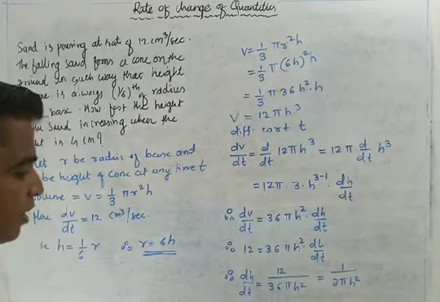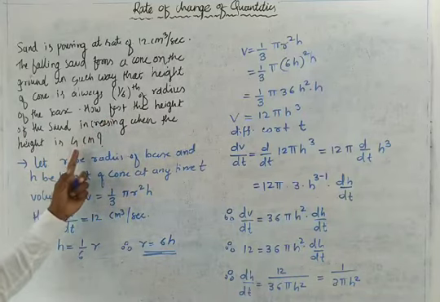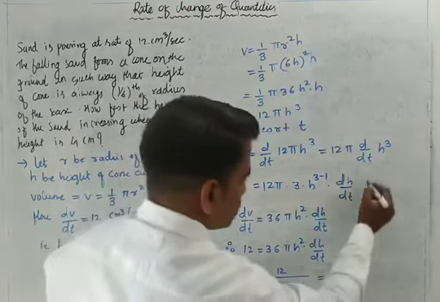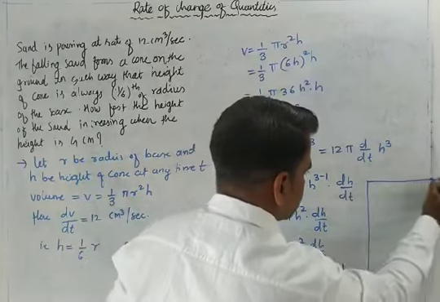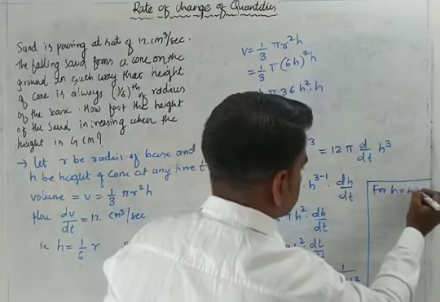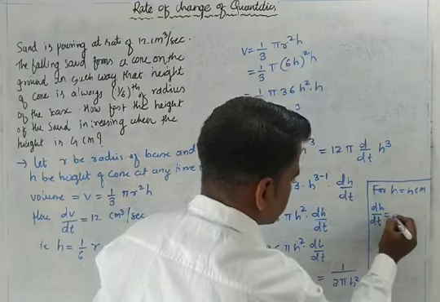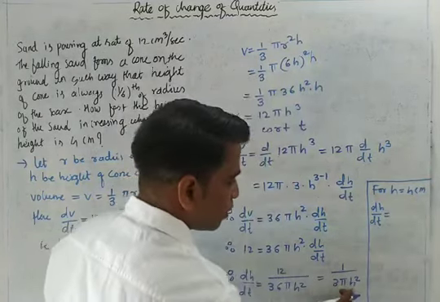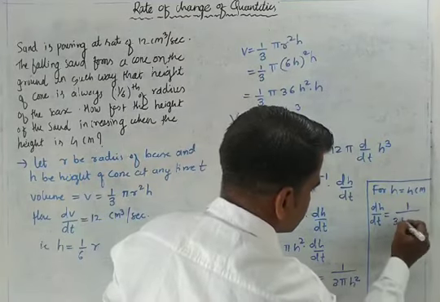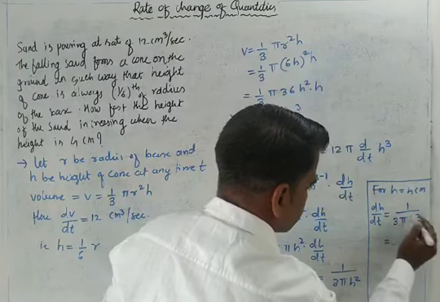Okay, and now we have to find the rate of change in height when height is 4 centimeter. So here we will do it for h is equal to 4 centimeter. dh by dt is equal to, substitute h is equal to 4, that is 1 upon 3 pi h square, that is 4 square.